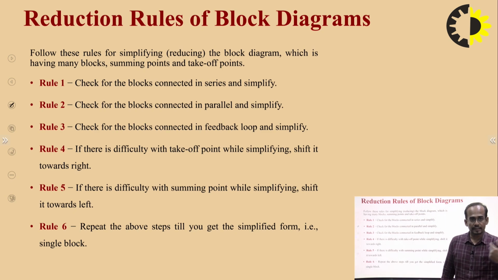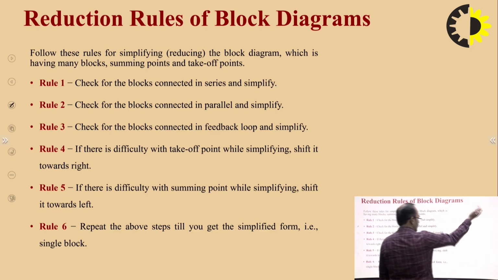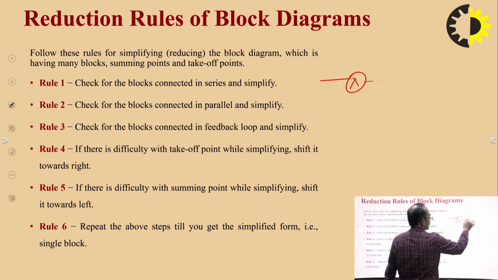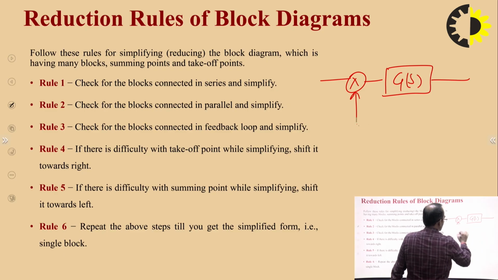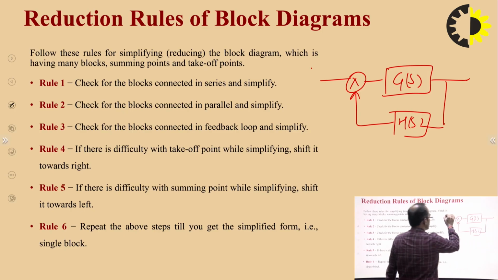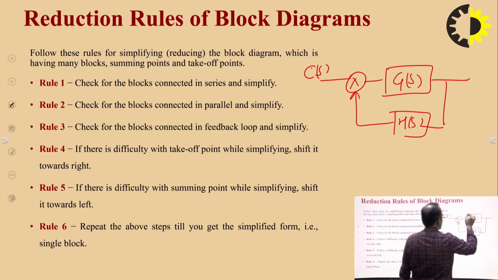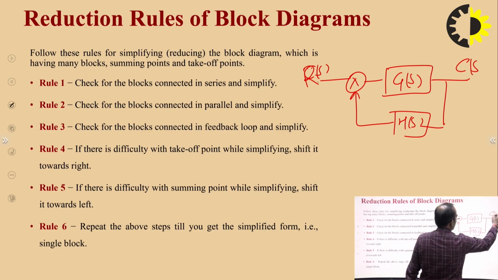Why are you shifting this takeoff point to the right? Because the standard, or you can say canonical, form of the closed loop control system is like this: input and output.